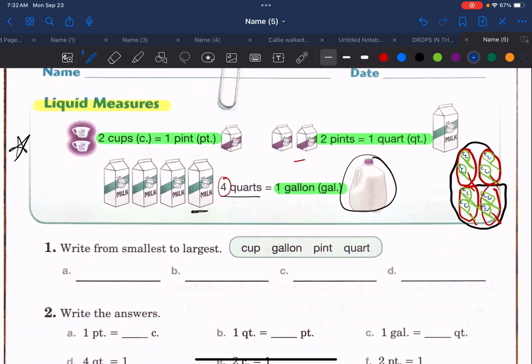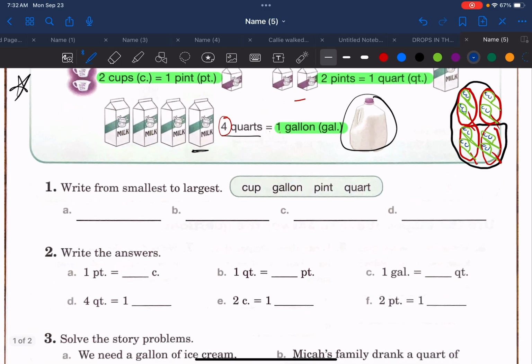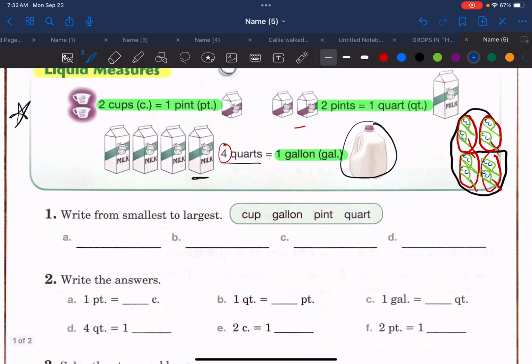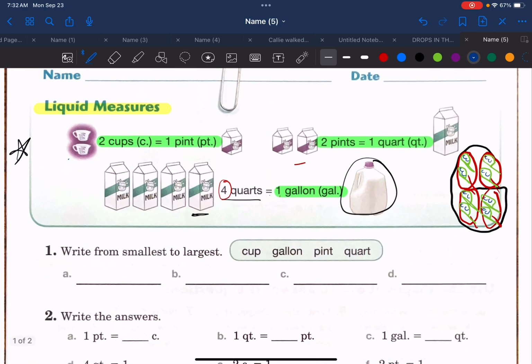Now you can move on and do the rest of the paper and come and look back at this if you need. So the start says write from smallest to largest. So what's the smallest unit that we're learning today for measuring? Well, if you look up at the top, which one is the smaller container? Cups is. So cup is first. That's the smallest.